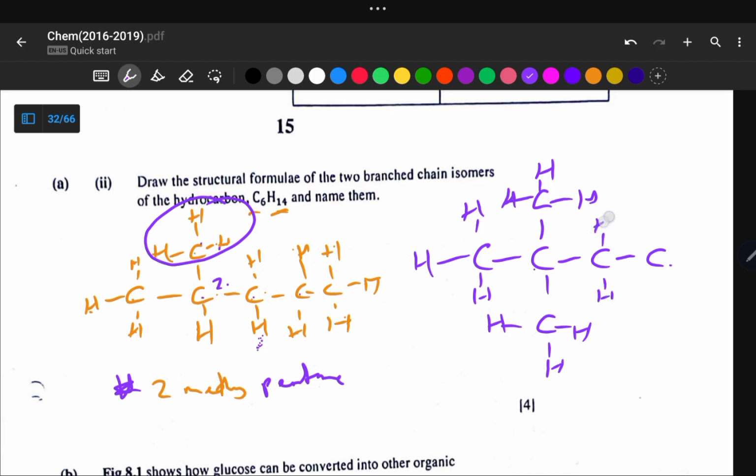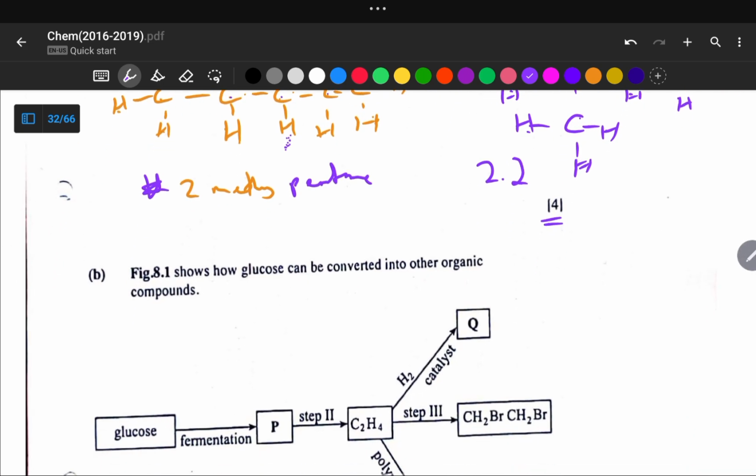And then H, and then H. We can simply count the number of hydrogen atoms: 1, 2, 3, 4, 5, 6, 7, 8, 9, 10, 11, 12, 13, 14. The number of carbon atoms: 1, 2, 3, 4, 5, 6, right? So it's 2,2-dimethylbutane, and we are done. Are we together? And then we can now proceed to the next part.